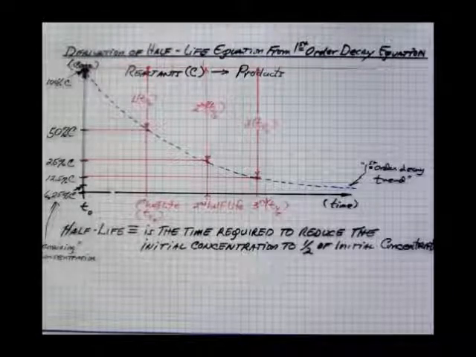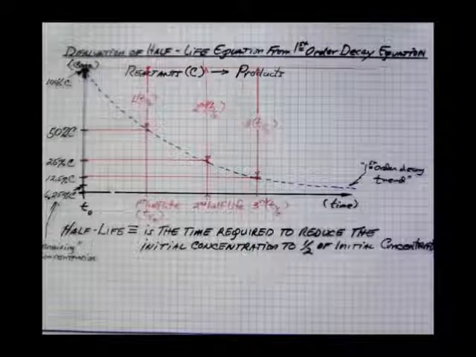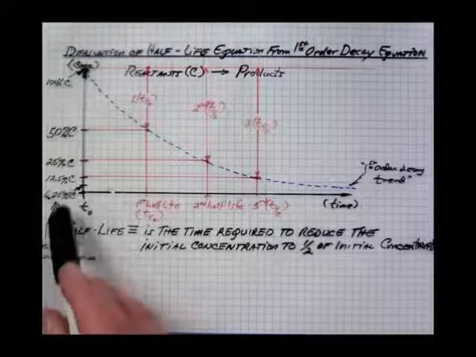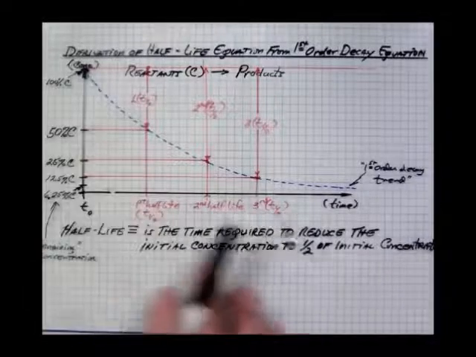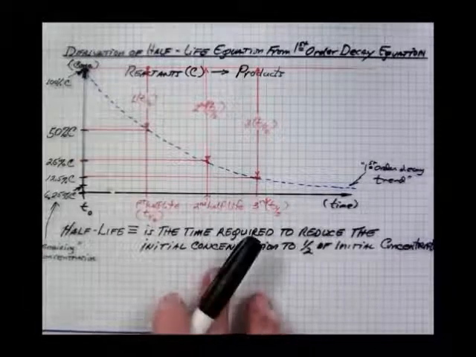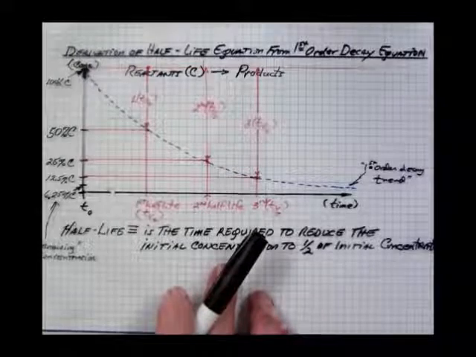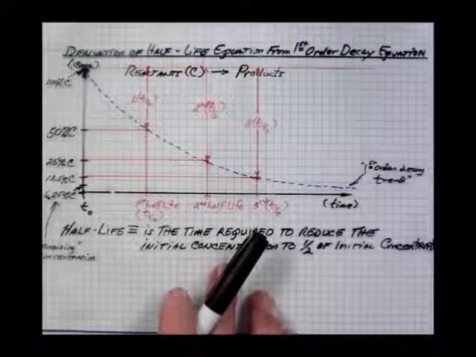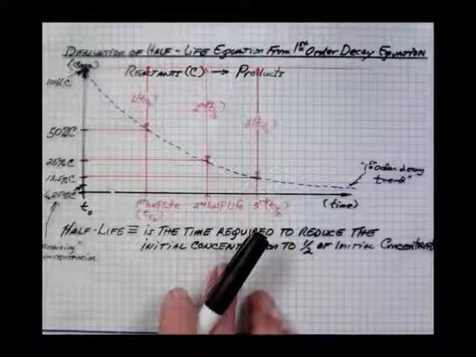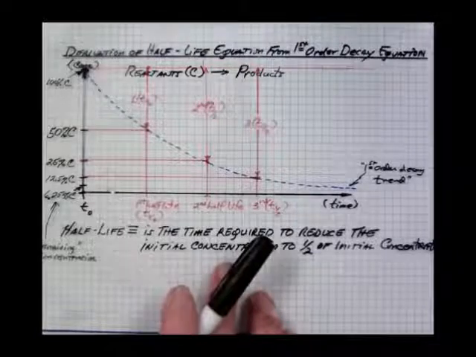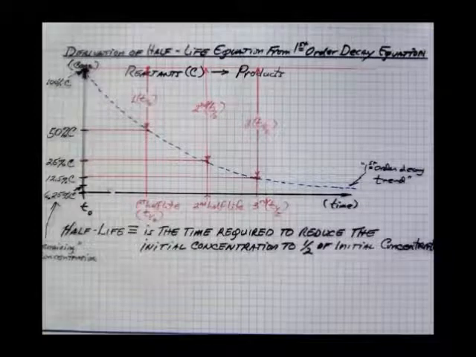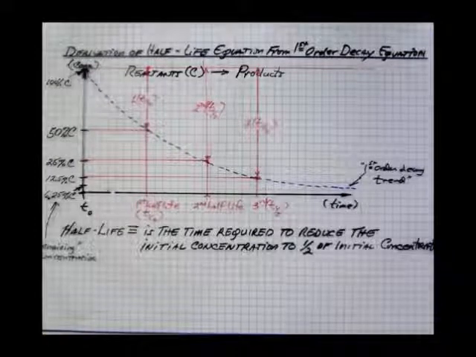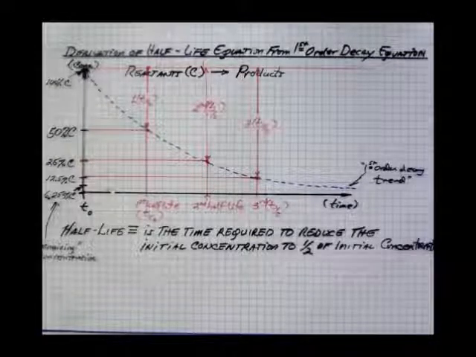You put in 25% remaining. So these calculations refer, while this is not dependent on concentration, you'll see this in a moment, to the remaining concentration, not how much has been consumed.